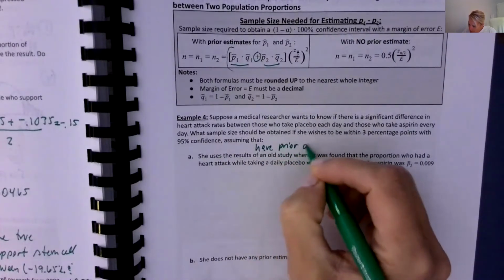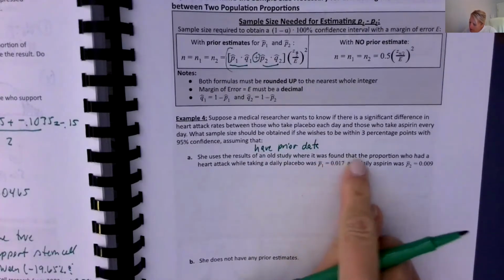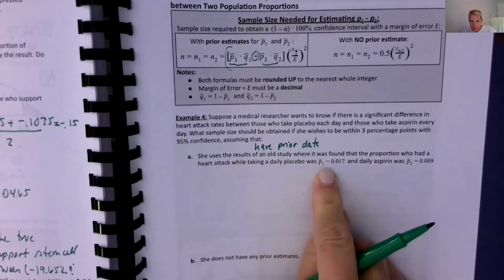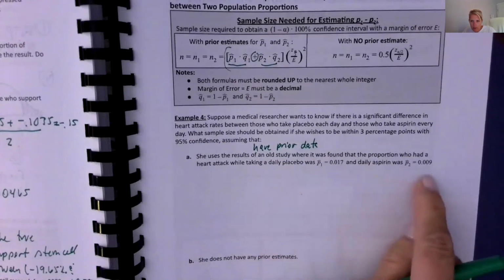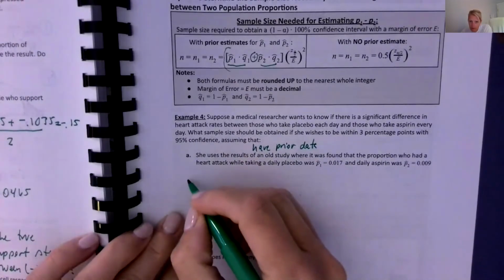That's good. In the prior study, it was found that the proportion who had a heart attack while taking a daily placebo was 1.7% with the daily placebo and 0.9% with aspirin. Okay, so let's go ahead and find that.